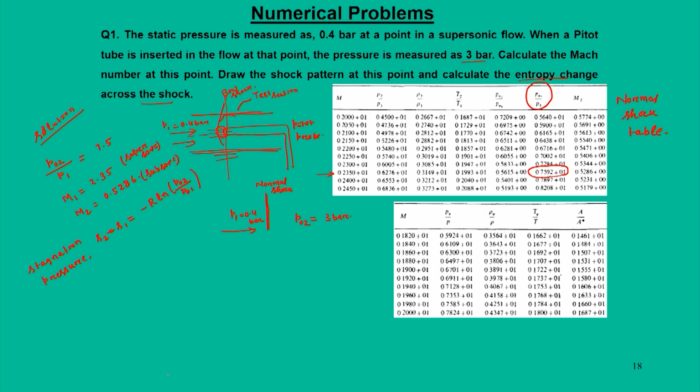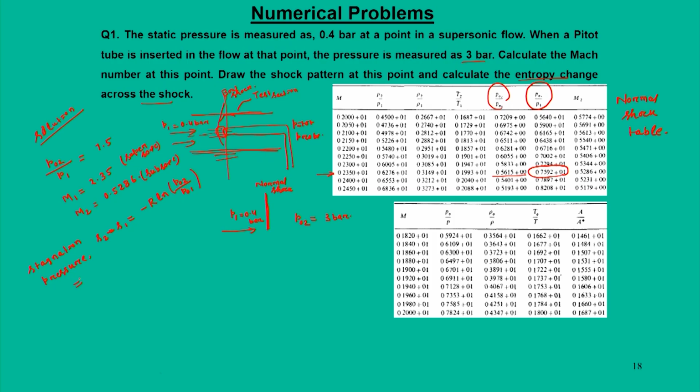Now, we have this Mach number of 2.35. For this we need to find out what is P naught 2 by P naught 1. So, the P naught 2 by P naught 1 term is here. So, this number is 0.5615.